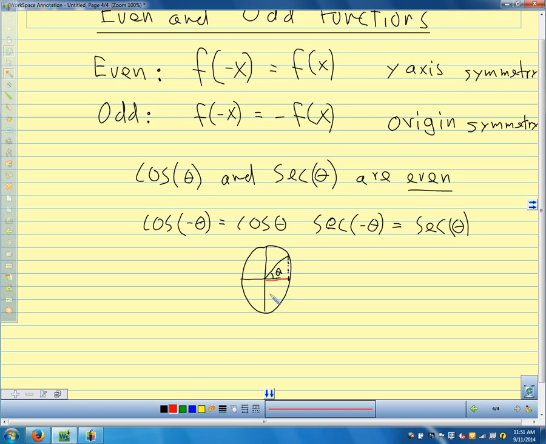Here's negative theta. They have the same x coordinate. This piece of the triangle is exactly the same. Cosine of negative theta equals cosine of theta. That x coordinate is exactly the same. The rest of the trig functions are odd. So I'm going to say all the rest are odd.